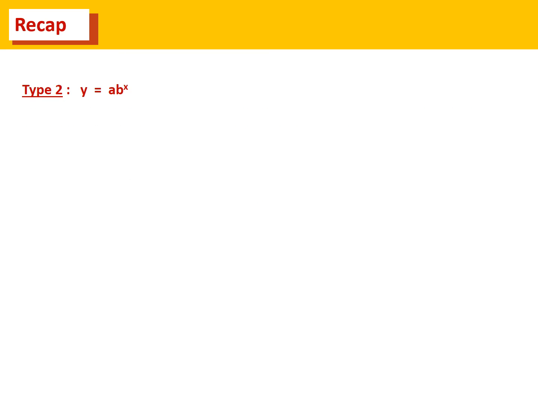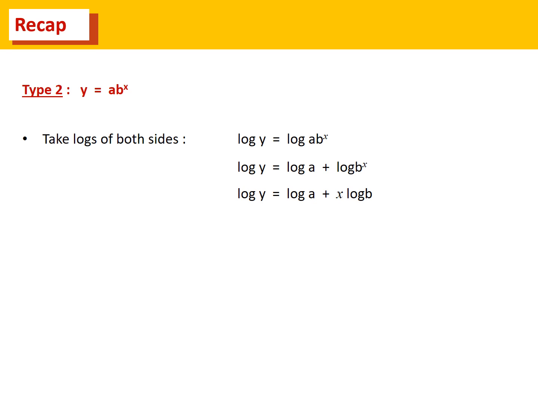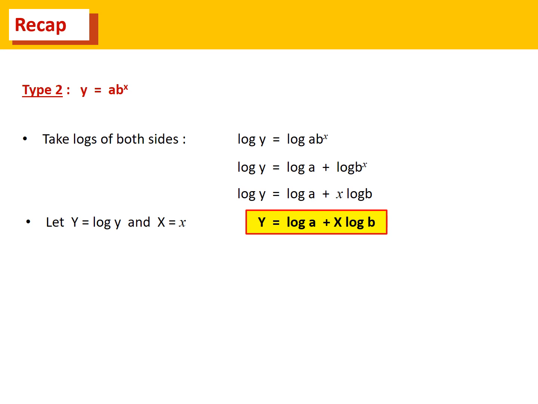So to recap for type 2, which is where we've got the variable in the power, take logs of both sides, use the first log rule, the multiplication rule, use the power rule, and we end up with that relationship there. We let big Y equals log y and big X equals x, and we end up with that relationship, which is linear.